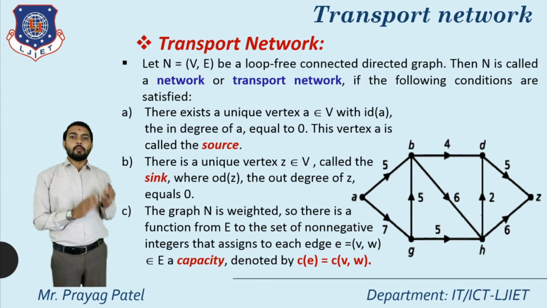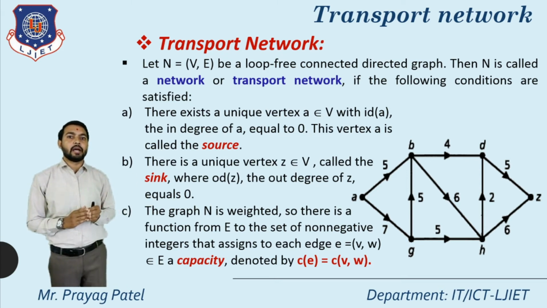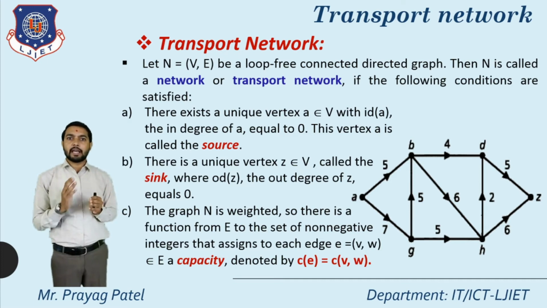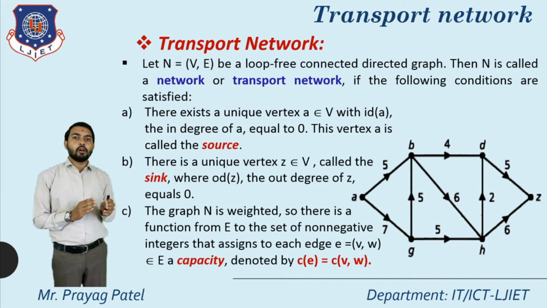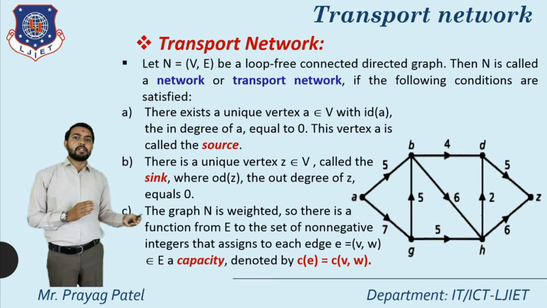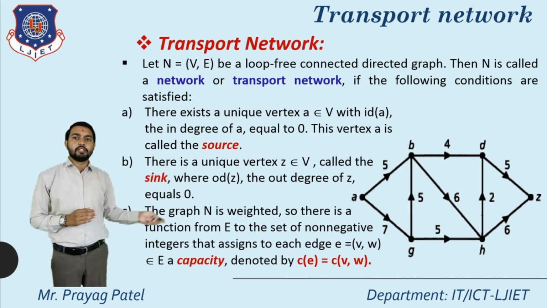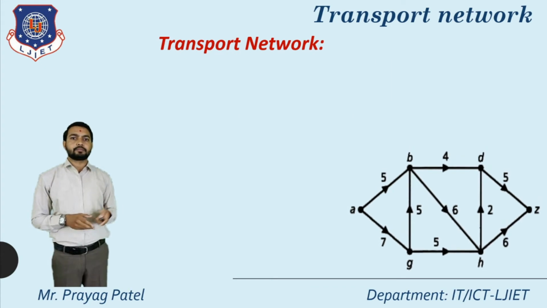So V to W is an edge, or B to D is an edge. The capacity of this edge is represented by C of e, because e is an edge. So C of e is the capacity of the network, or C of VW is also considered as a capacity. Here we represent the edge as VW. So this is the capacity of the network.